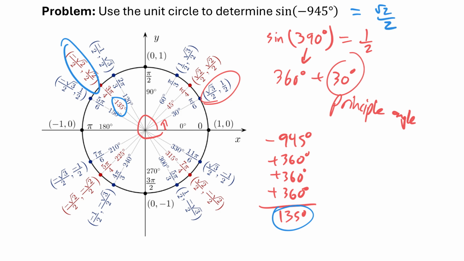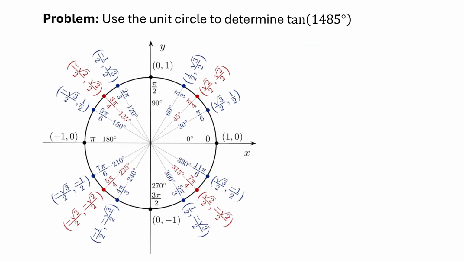All right, let's try another one. Here we need to find tan of 1,485. So again, I'd encourage you to pause the video and at least try to find that principal angle. All right, assuming you paused the video and gave it a try, we're going to go ahead and subtract groups of 360.